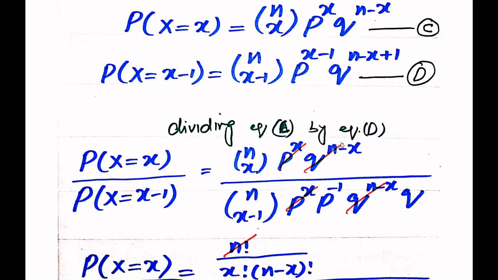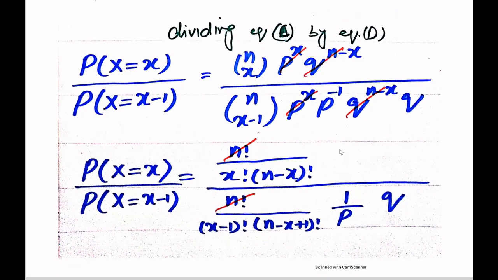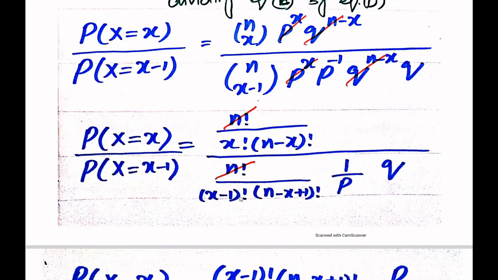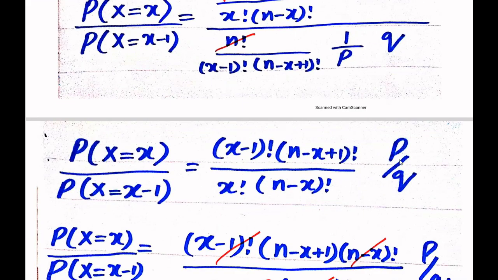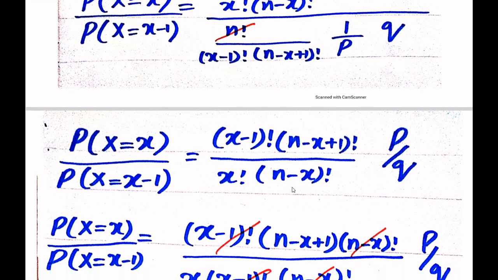Cancel these terms and expand the factorials: n factorial over x factorial (n minus x) factorial, and here n factorial over (x minus 1) factorial (n minus x plus 1) factorial. So we are left with p over q, and q over p we write as p over q, times (x minus 1) factorial (n minus x plus 1) factorial over x factorial (n minus x) factorial.